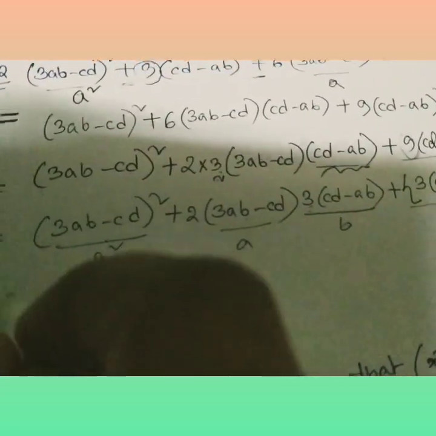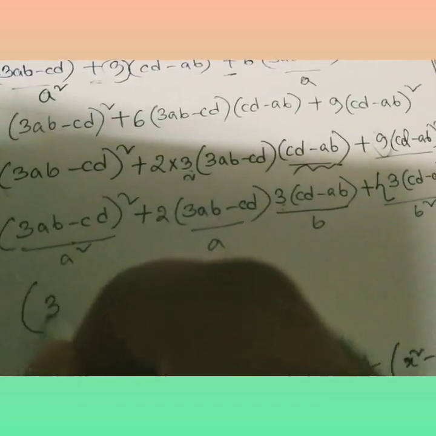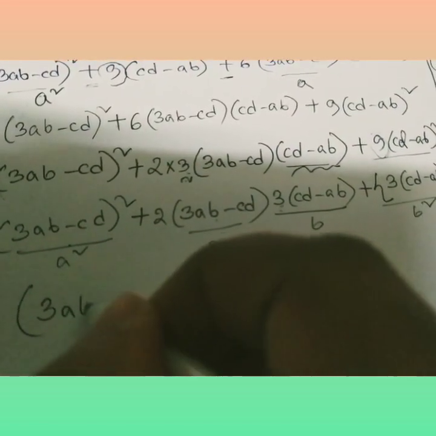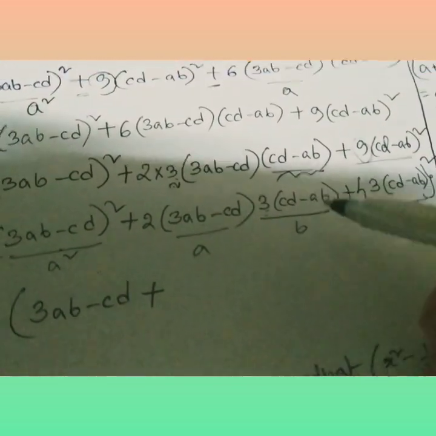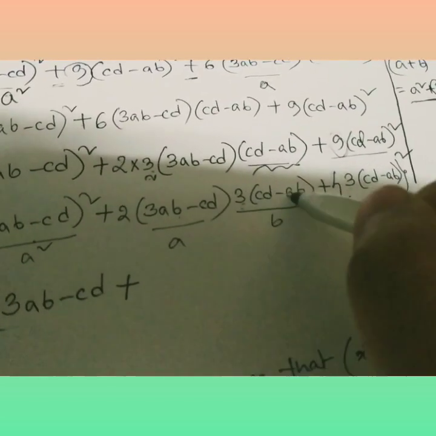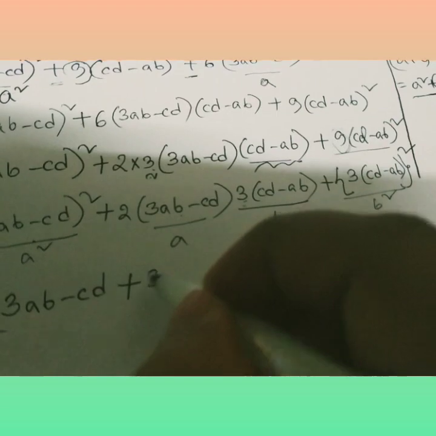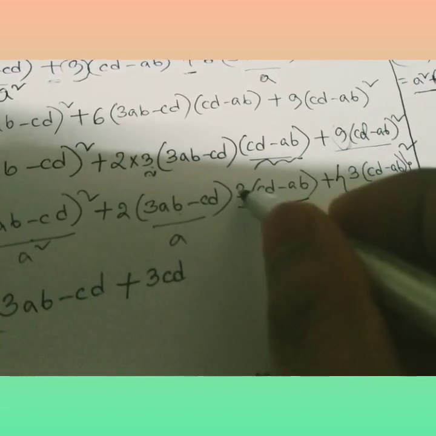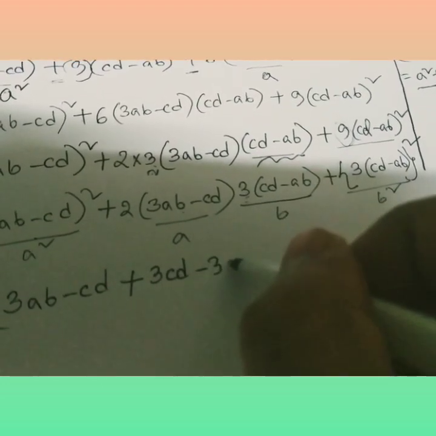So we can write equals to, a is what? 3ab minus cd, right? So (3ab minus cd) plus, and what is b? b is 3 into (cd minus ab), this one. 3 into cd is 3cd, then minus 3 into ab is minus 3ab.